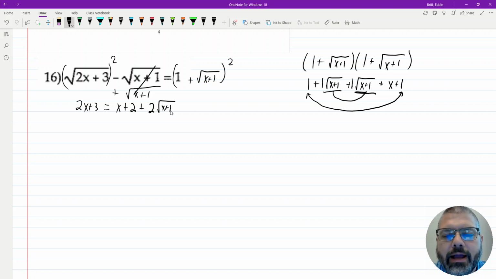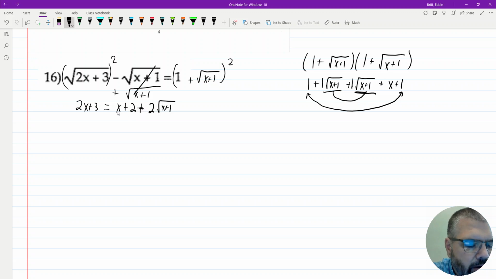So far, I got a radical by itself, and I squared both sides. Now, what that does is that gets rid of one of my radicals. So now, this is a radical equation that just has one radical. So it's kind of like I'm starting all over. So first thing I want to do, get the radical by itself. So I have other terms on the right side I need to move over.